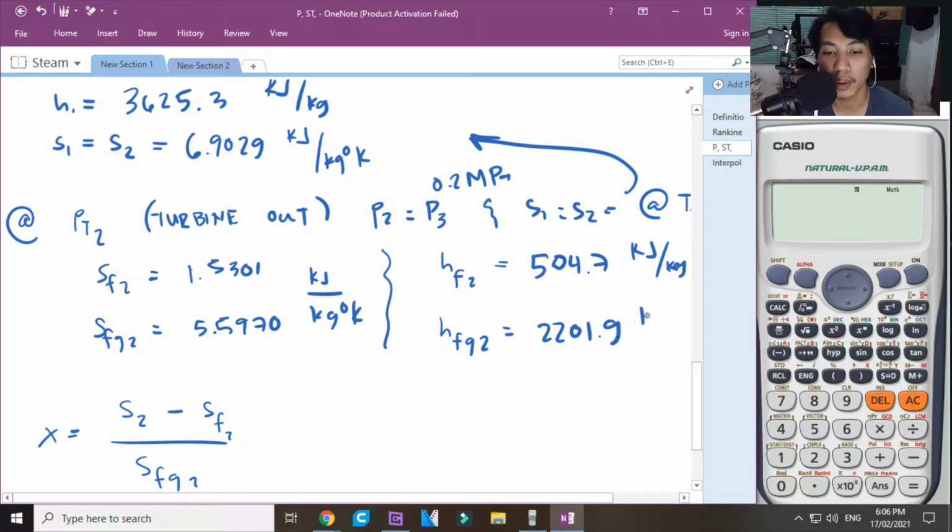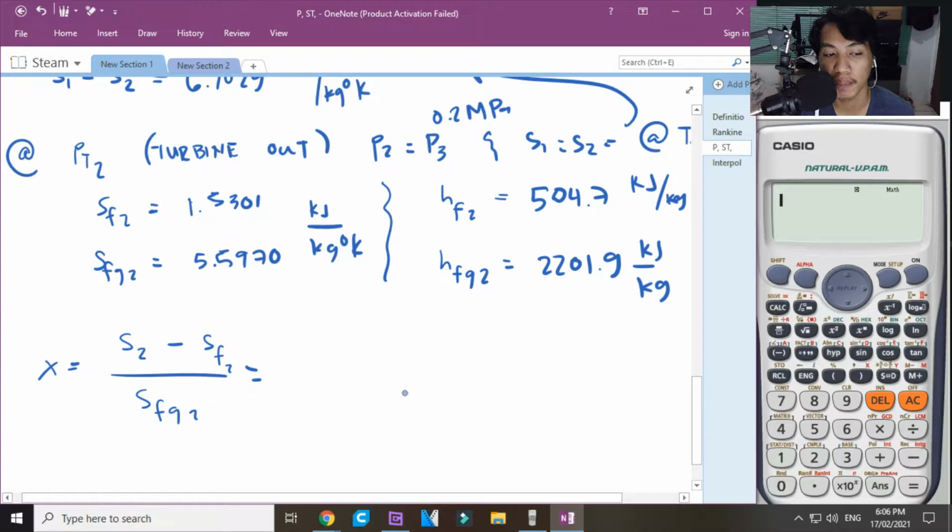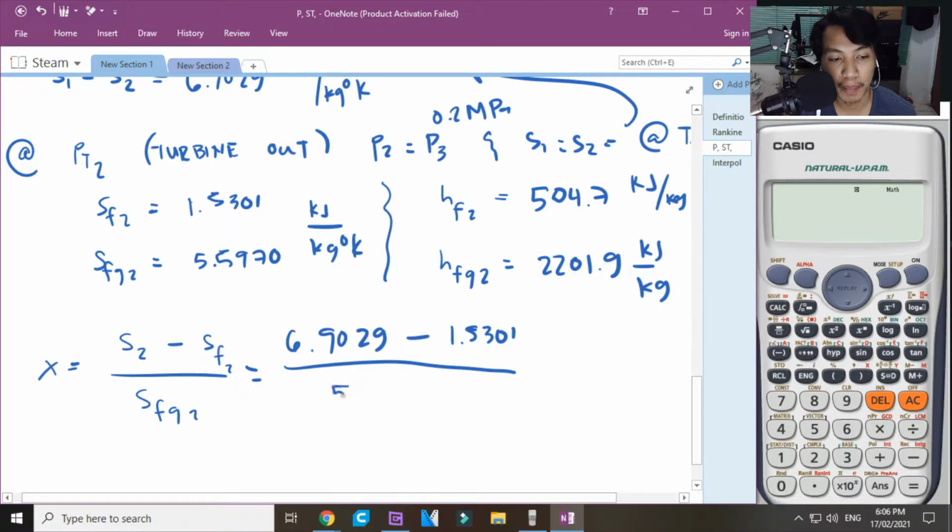2201.9 kilojoule per kilogram. Now you have to check for X or the quality of the steam para ma-plot mo siya ng tama. Okay? So for the quality of the steam, S2 is 6.9029 if I'm not mistaken, minus SF2 1.5301 over SFG 5.5970.